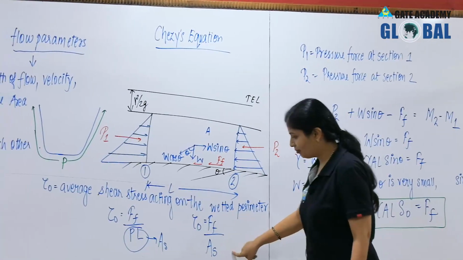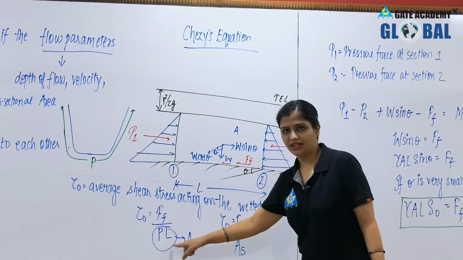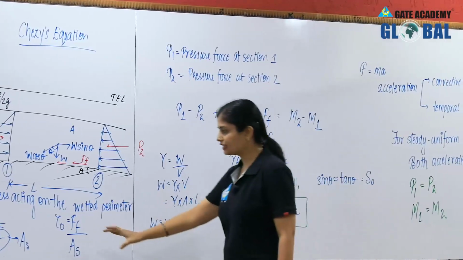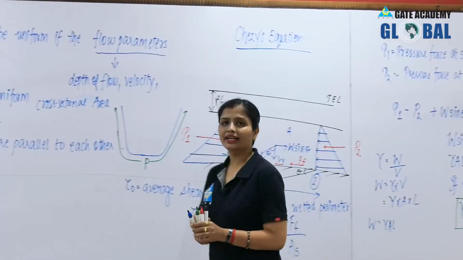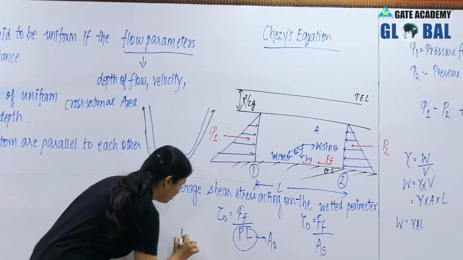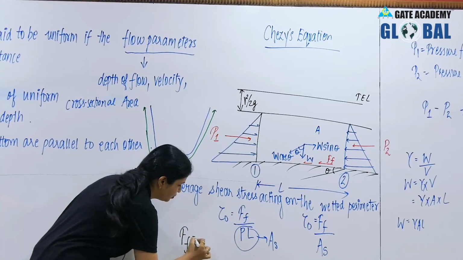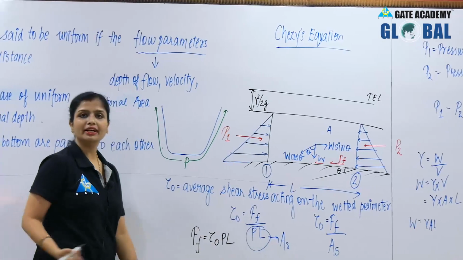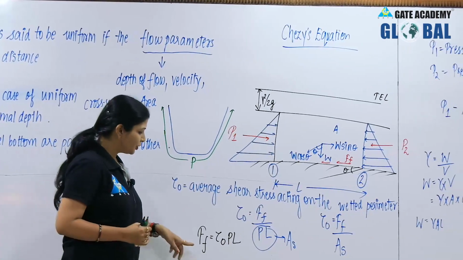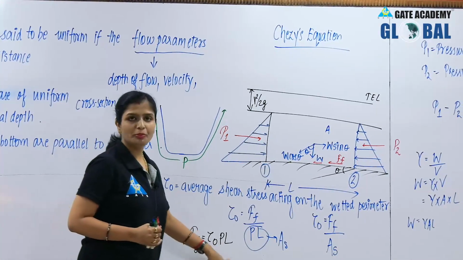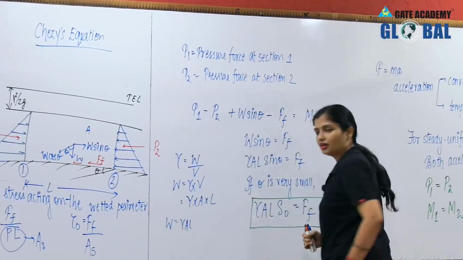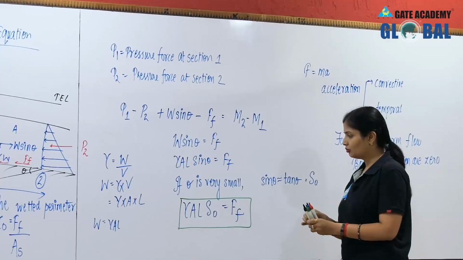So Ff divided by AS, and AS you can write it as P into L. So now from this expression, can I get Ff, that is frictional force, is equal to tau naught PL? Yes, I can get. So can I substitute this value tau naught into P into L in this expression? Of course I can do.